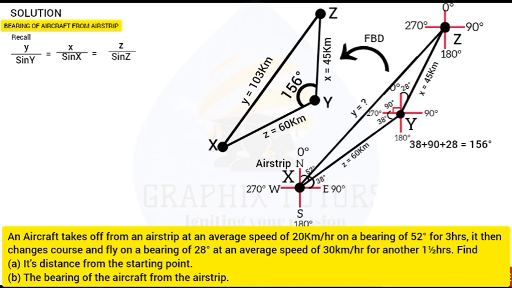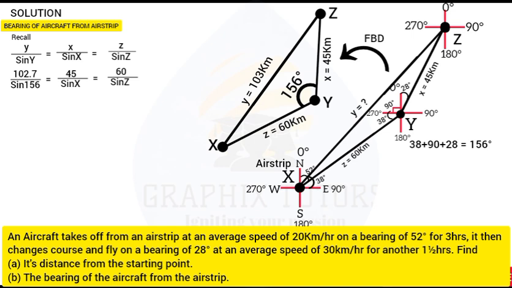Now the value for y is 102.7 divided by sine of the angle at Y, which is 156, equals the value for x, 45, divided by sine of the angle at point X, which is not given, equals the value for z, 60, divided by sine of the angle at point Z, which is also not given.